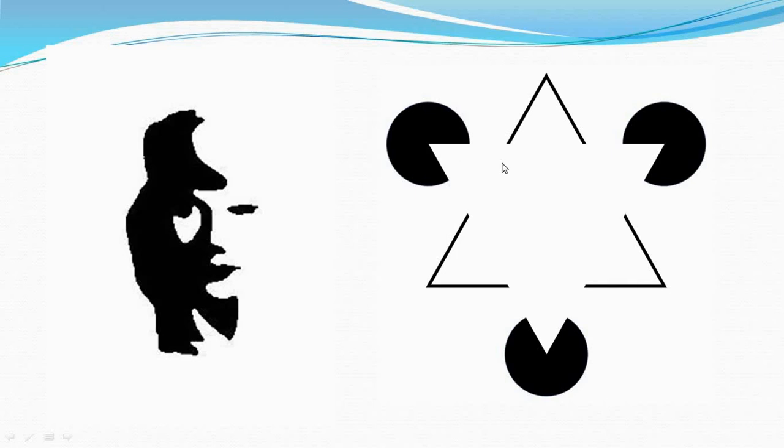It is a kind of illusion, where the brain wants there to be a line over here. So it is very important to detect these edges while doing image processing, and we are going to see how we can do this.